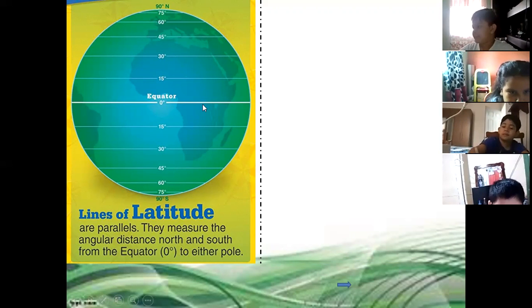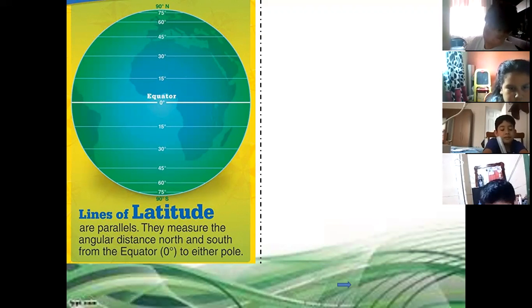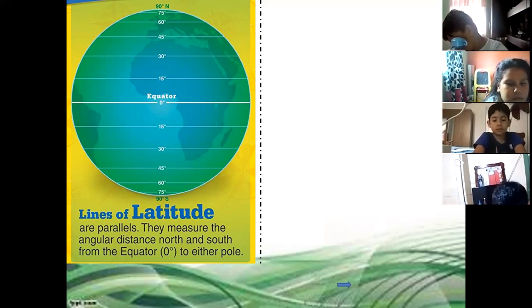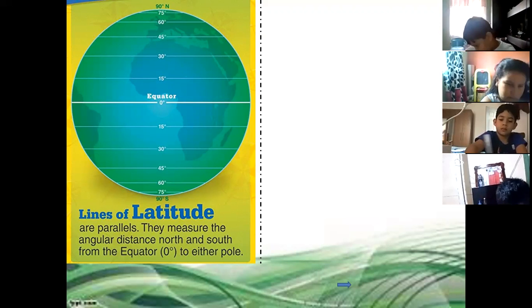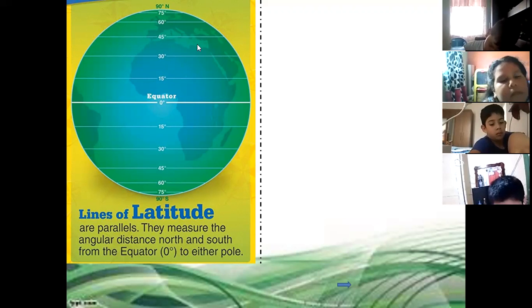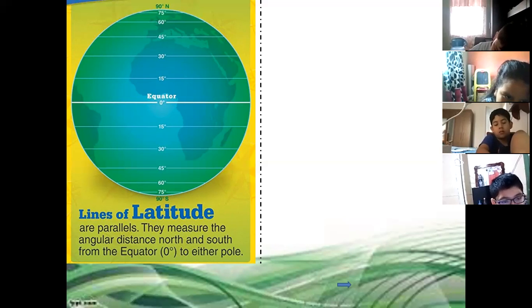The equator is an imaginary line that divides the earth into the northern and the southern hemisphere. And the latitude lines run in a horizontal way from left to right. The equator is like the starting point.